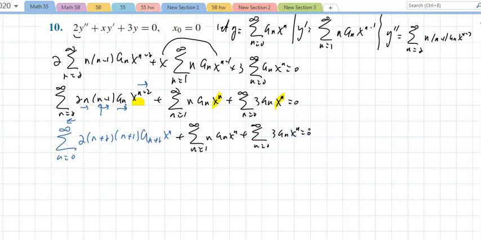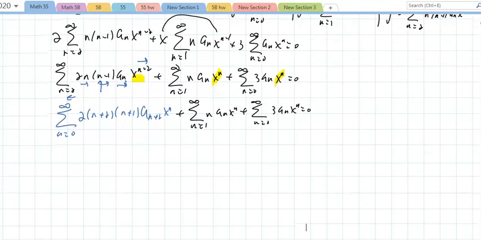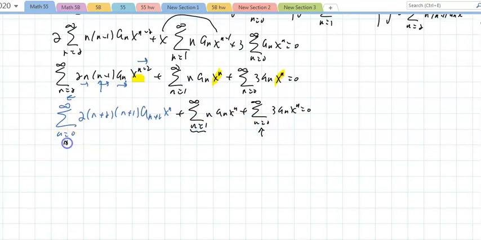And now that I have them all matching with the x's, I need to adjust. Well, this is what I noticed. This is n equal 1. I need to drop a term off of this and a term off of this. If I throw n equals 0, that will be a 2 times 2 times 1. If I put a 0 in there, that is a sub 2 plus the series n equal 1 to infinity, 2 into n plus 2, n plus 1, a sub n plus 2 x to the n.